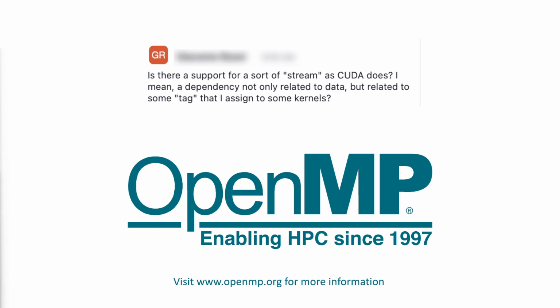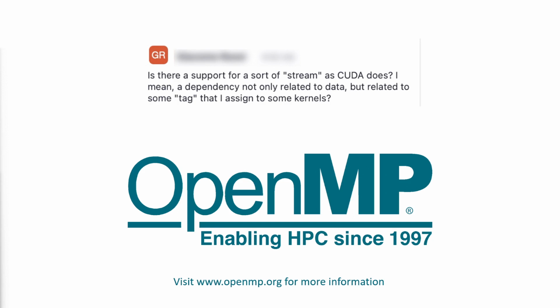Yes, in the sense that we have dependencies. So you can mimic the relative order of the asynchronous offload regions by introducing dependencies, and then the implementation has to ensure that they're executing in the right order, but still you don't have the guarantee that this is actually happening on the same stream.